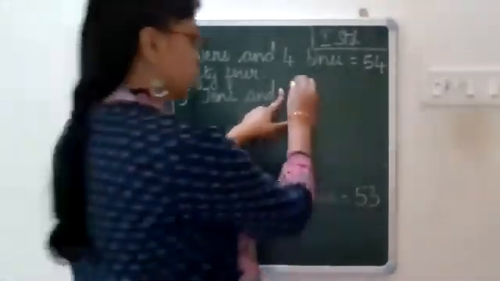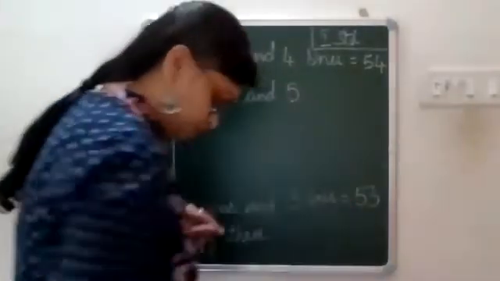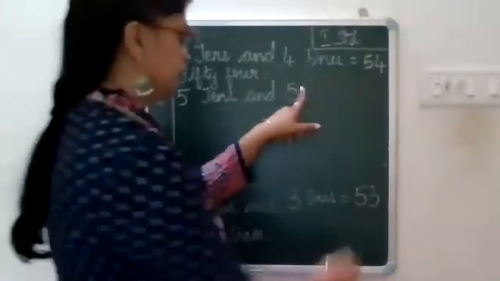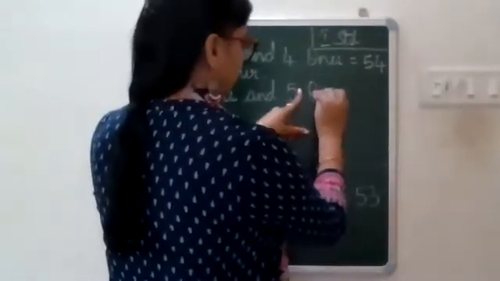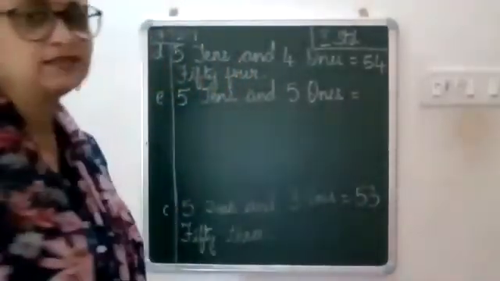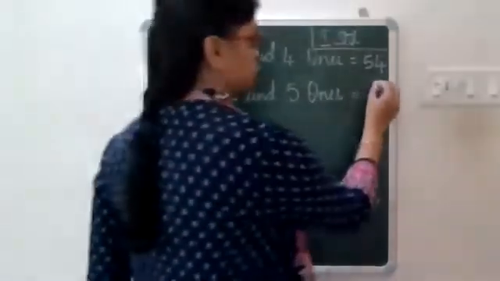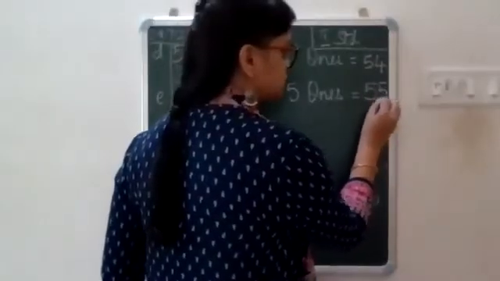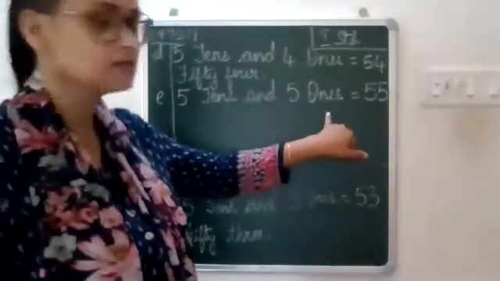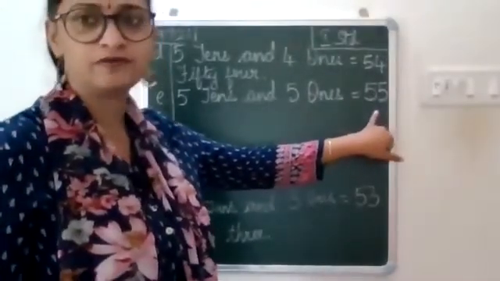Leave a finger space, write down the number 5. Very good. Leave a finger space, write down ONES. Yes, the number is 55. 5 tens and 5 ones is equal to 55.